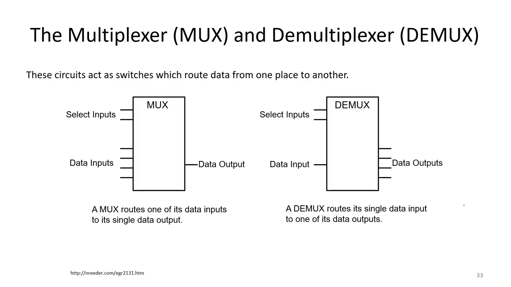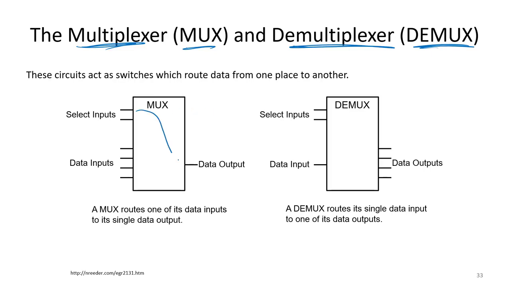Here's another example of some digital logic circuits which are commonly used. Very often we have many different signals in our circuit at a given time, and we need to be able to direct data from place to place. So we have these circuits called muxes or DEMUXs, also known as multiplexers or demultiplexers, and these allow us to combine and split inputs.